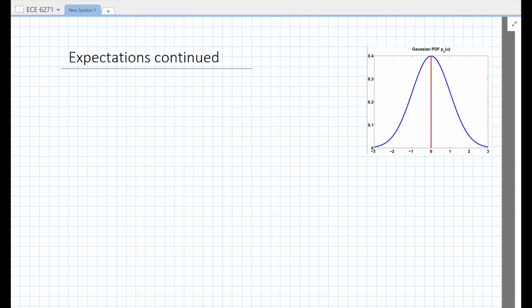Okay, next we're going to talk about some special expectations of functions of random variables. And so the next one on our list will be correlation.